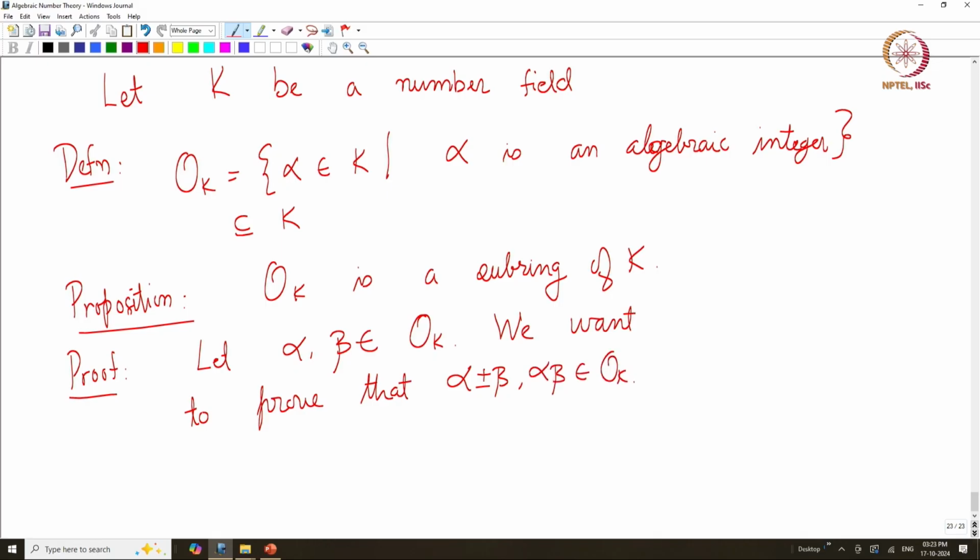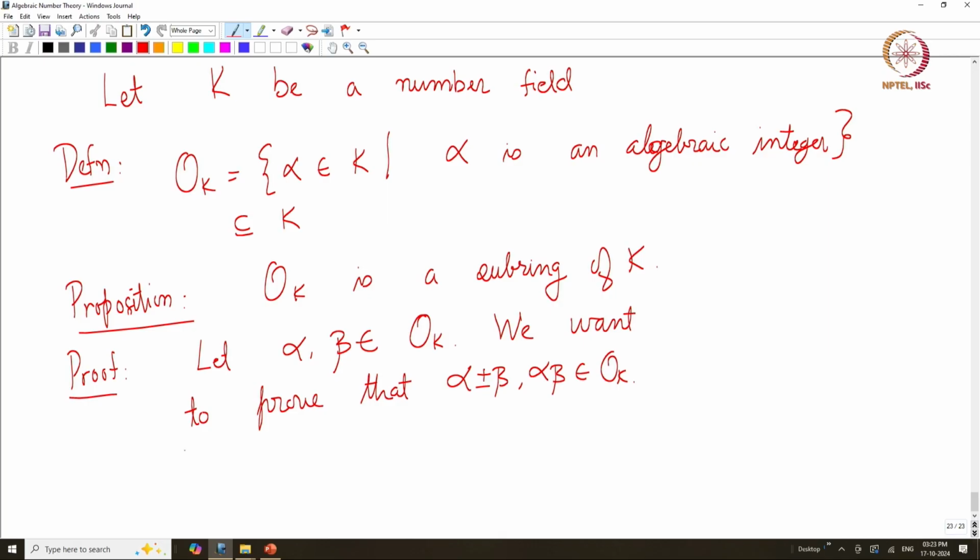To show something is a subring, you have to show that 0 is contained in that ring, 1 is contained in that ring, and if you take any two elements of that ring, then it is closed under addition, taking additive inverses and under multiplication. So, it is clear that 0 and 1 are algebraic integers, and so they are in O_K. So, the only thing to show is that if you take two algebraic integers, then their sum, their difference and their product are also algebraic integers.